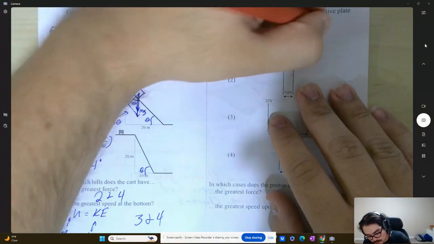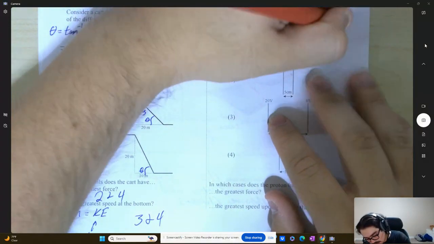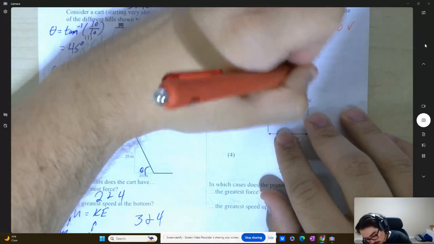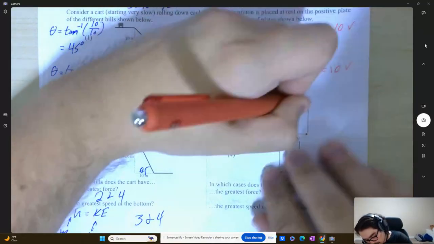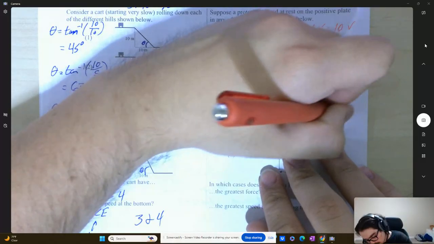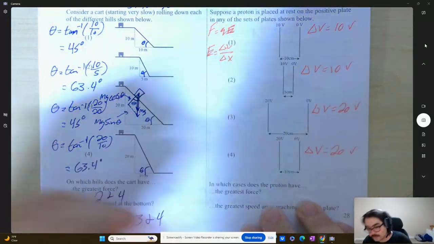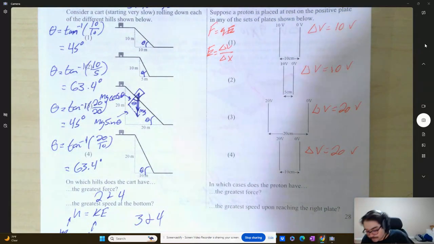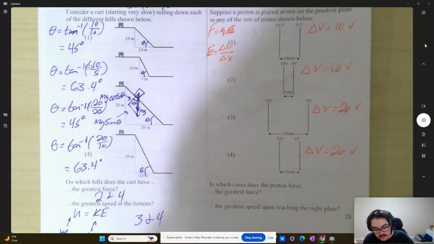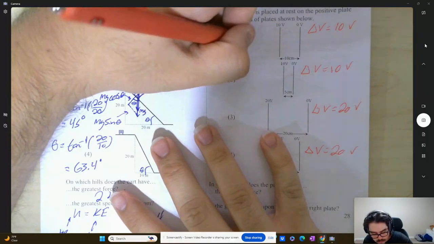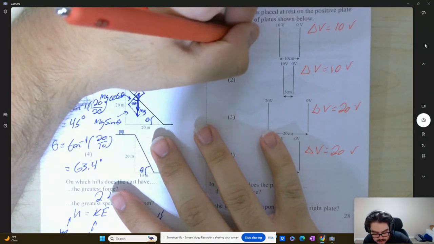So we should know that for each of these, delta V is 10 volts, delta V is 10 volts, delta V is 20 volts, and delta V is 20 volts. And then we would need to plug it into our E field equation to actually get our E field.